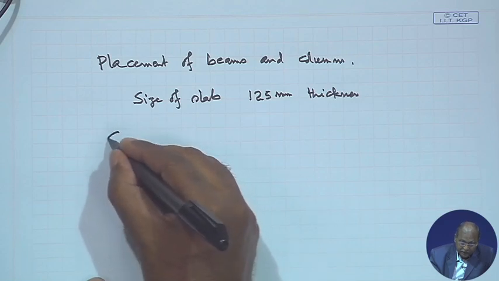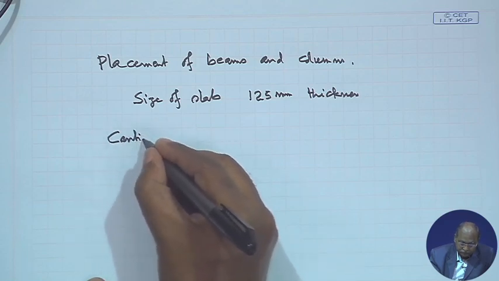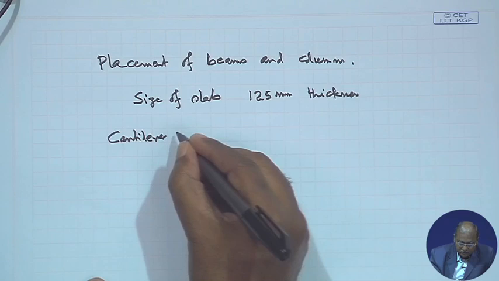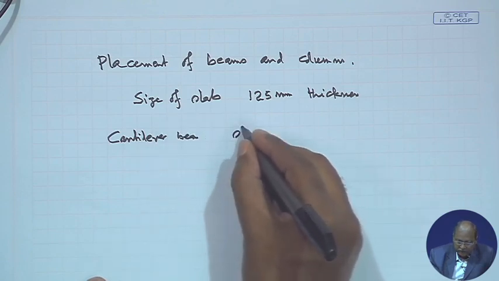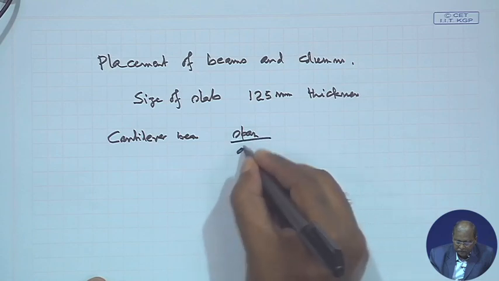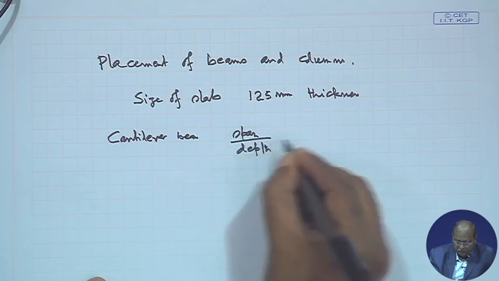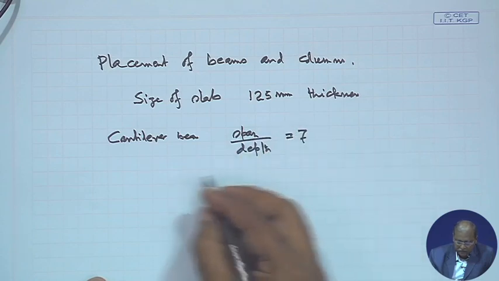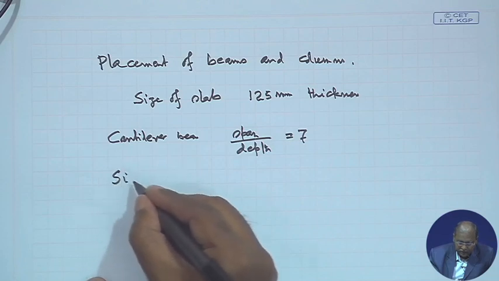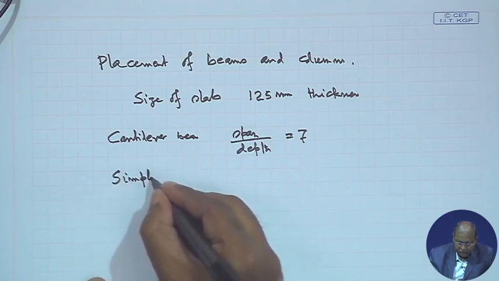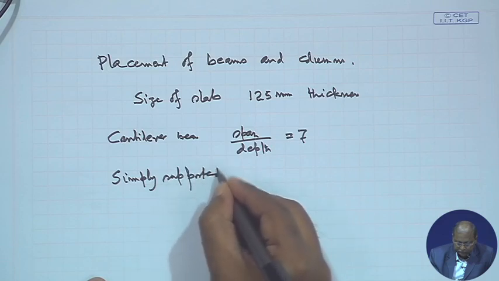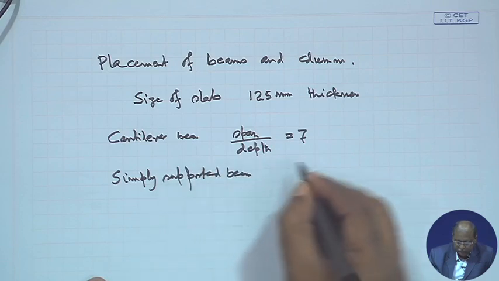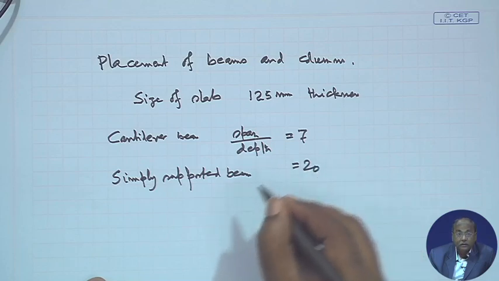So, cantilever beam, these are the basic values of span by depth: 7. Simply supported beam, this is 20.